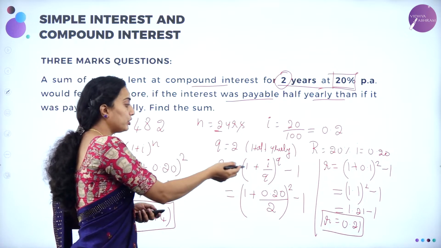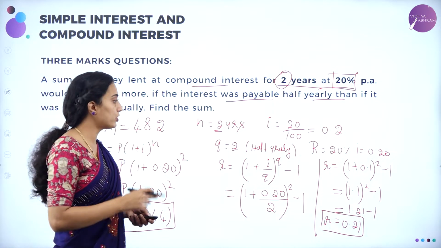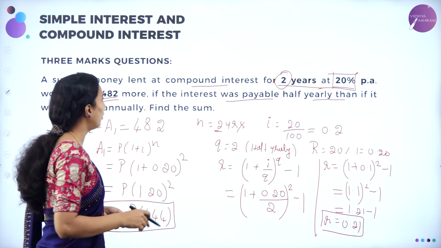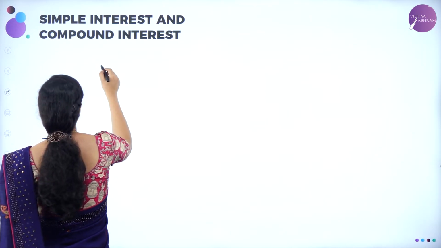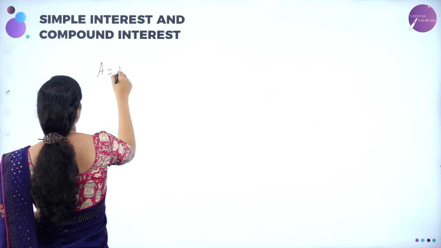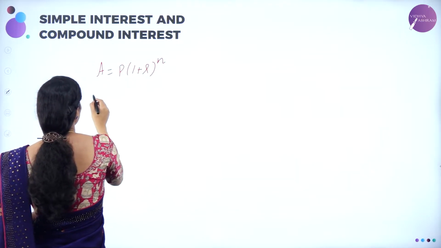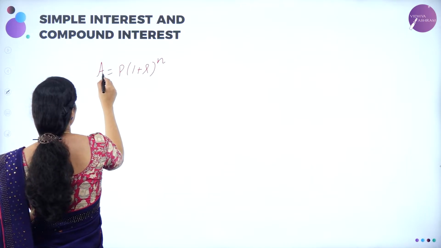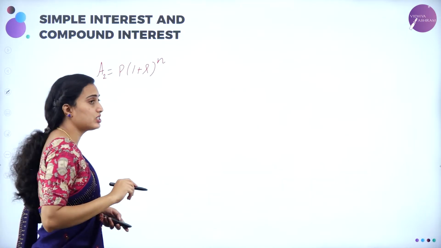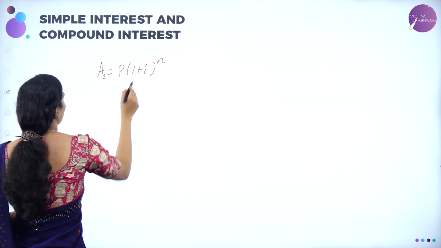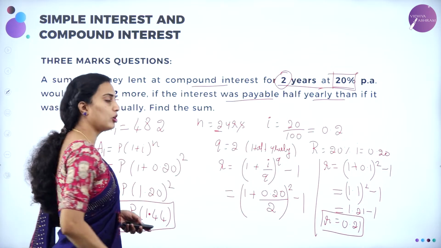Now we are going to use R is equal to 0.21 here, and then in the formula A is equal to P into 1 plus R whole to the power of N. So that is A2 is equal to, we can calculate here. Now by using that formula, I will be calculated as 0.21 only.